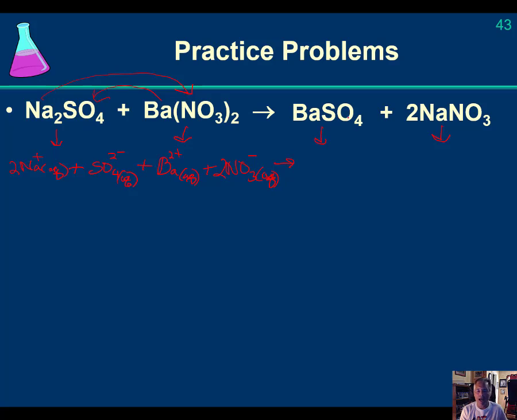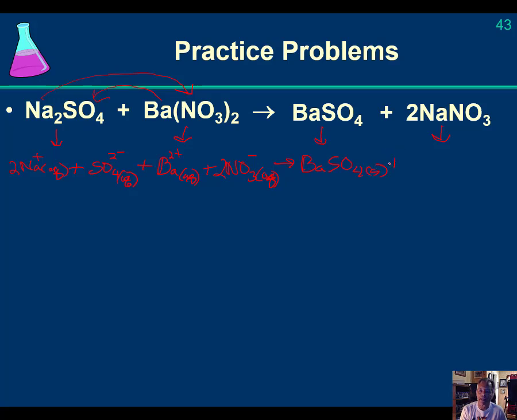Now, how do you determine that? You look at sulfates on the top half of your solubility rules, and you see that most sulfates are soluble, strong electrolytes, but there are exceptions, and barium is one of those exceptions. So you just put this down here as barium sulfate solid.